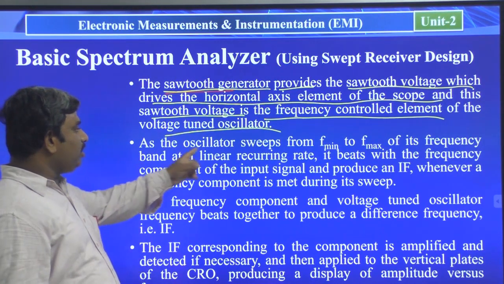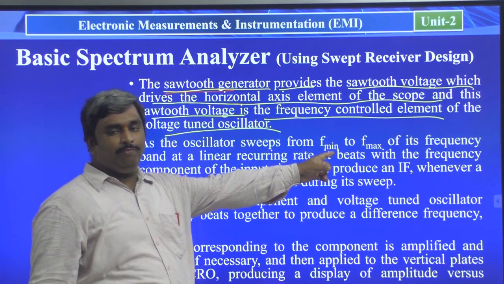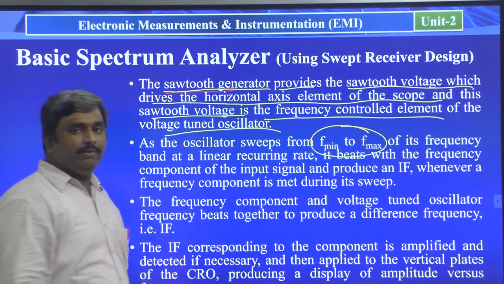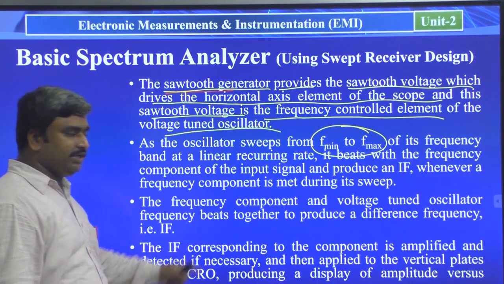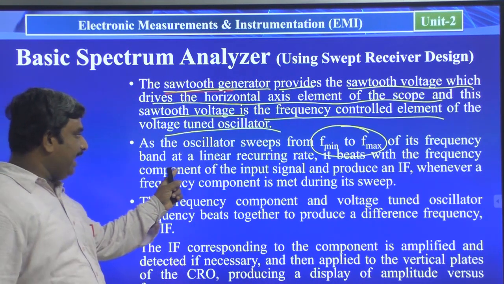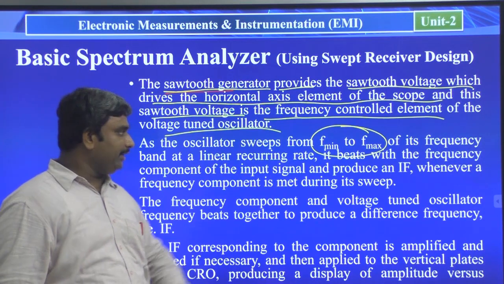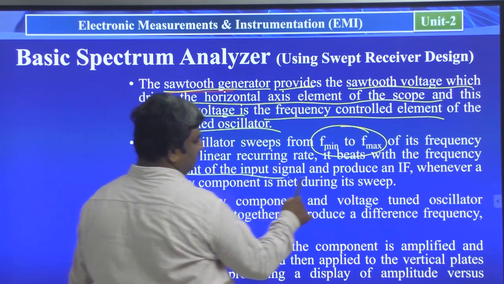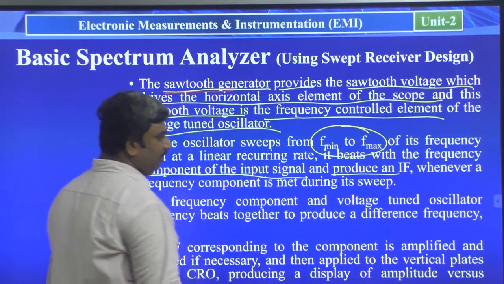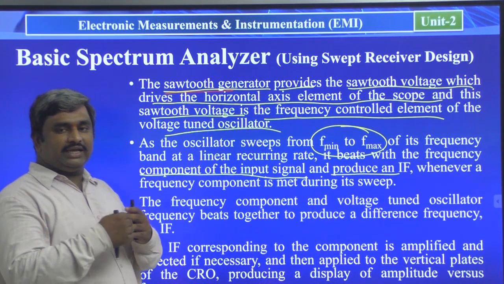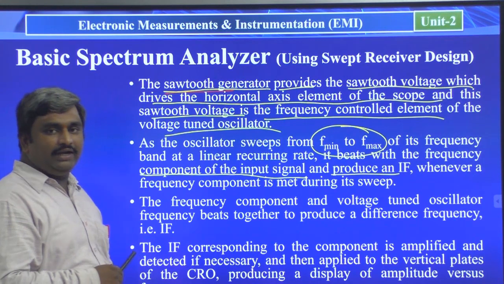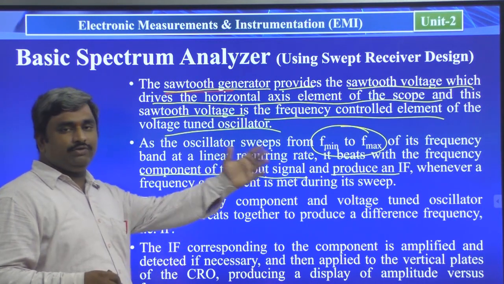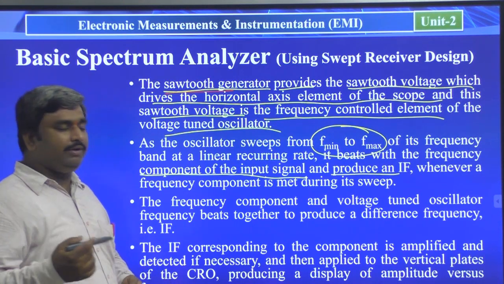As the oscillator sweeps from F minimum to F maximum, it sweeps its frequency band at a linear recurring rate. It beats with the frequency component of the input signal and produces an IF. So it mixes with the input signal and gives an output in the intermediate frequency range.